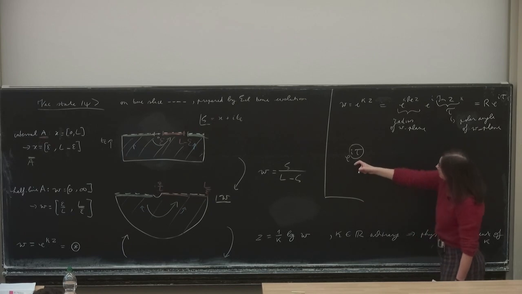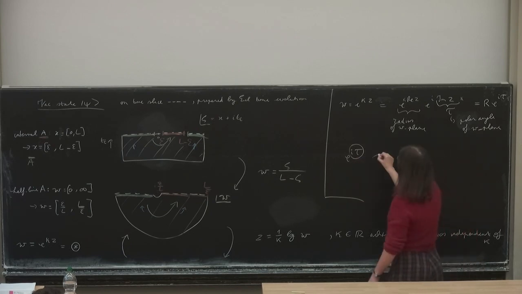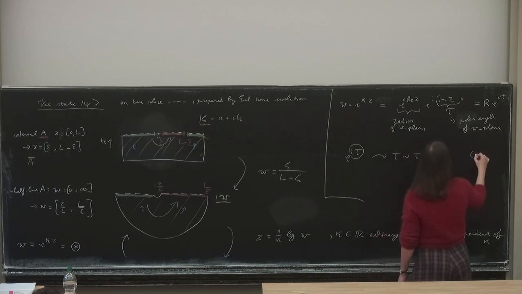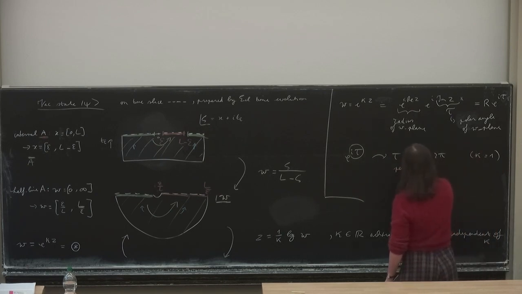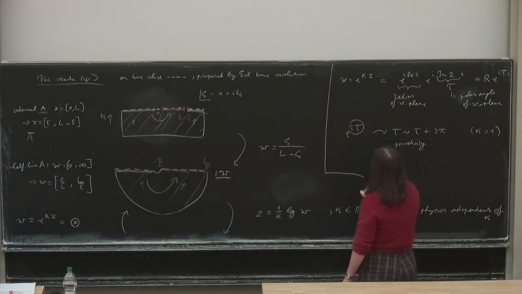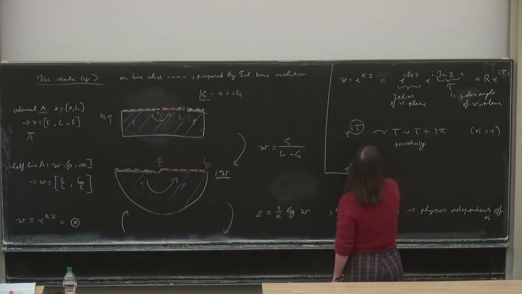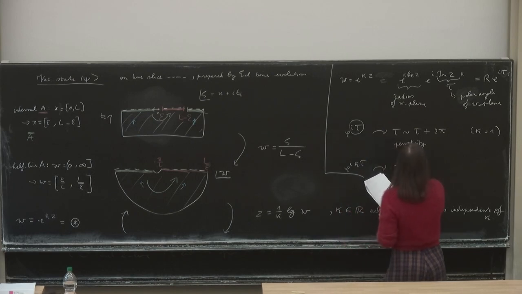Because tau is appearing in the imaginary exponent of the exponential, tau has a periodicity tau plus 2 pi. This was for kappa is 1. And so if we bring back kappa, then tau has a periodicity of 2 pi over kappa.